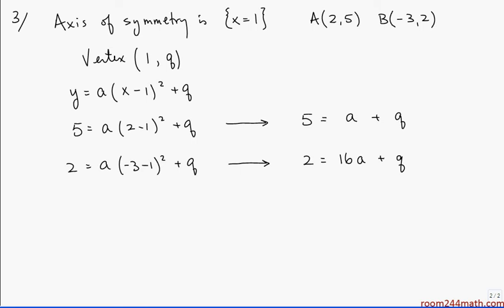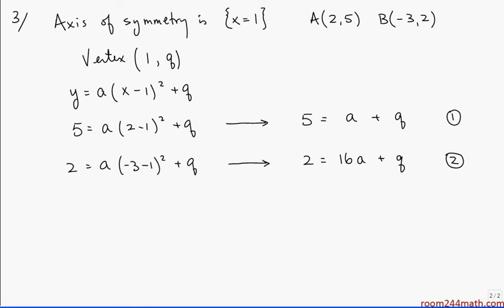So, what are we going to do with this? We have two equations with two variables, and hopefully you remember something about systems of equations, because we can solve this. These are two linear equations. We can think of this as equation 1 and this as equation 2.